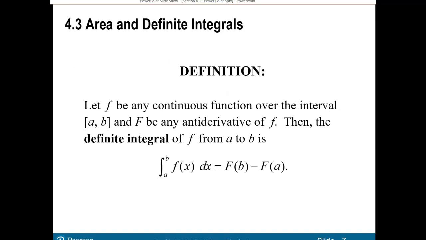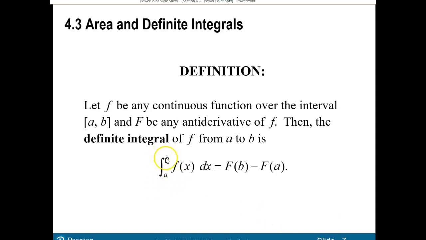All right, so here is our other notation that basically is a better way to write what we just did in the last couple examples. So let f be any continuous function over the interval from a to b. Let capital F be any antiderivative of the function f. Then what we call the definite integral of f from a to b.